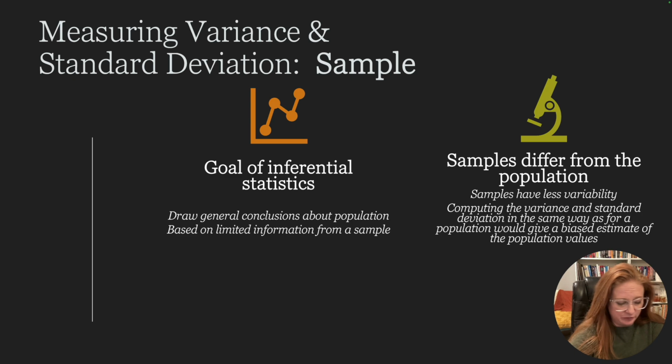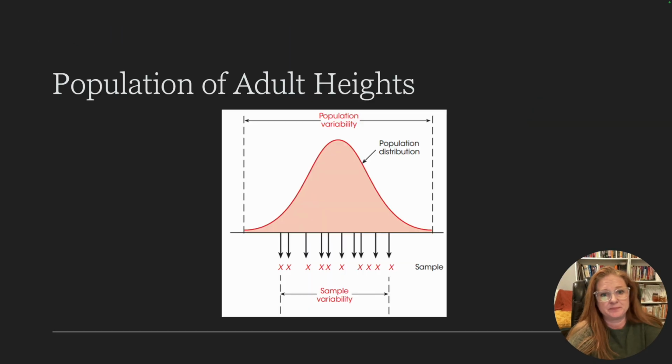Samples differ from a population. They definitely have less variability because they're smaller, right? And computing the variance and standard deviation in the same way would definitely give a biased estimate, right? So we have to do something a little bit different.